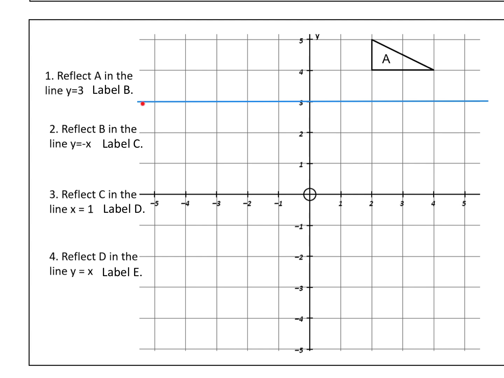We then, instead of considering the whole shape, just consider one of the points. So I'm going to consider this point here. If I was going directly to the mirror line, the shortest distance is just 1, a distance of 1. So I would continue in that direction and go 1 more on the other side.